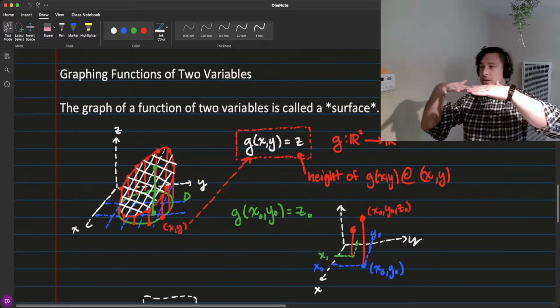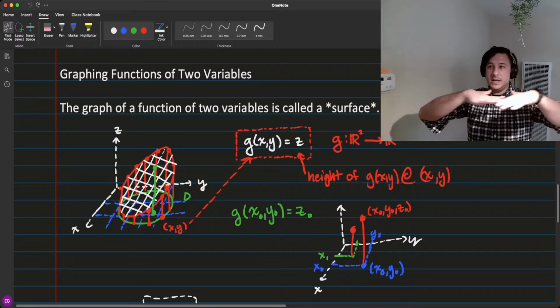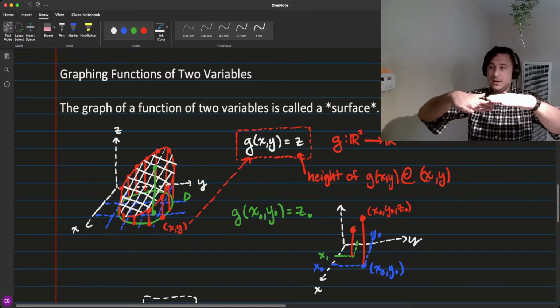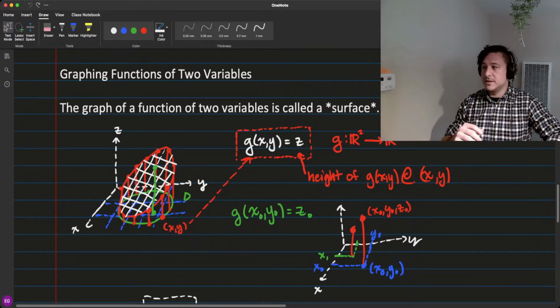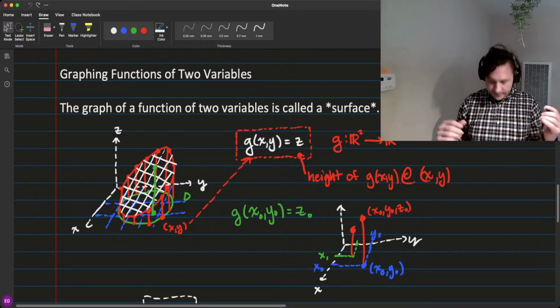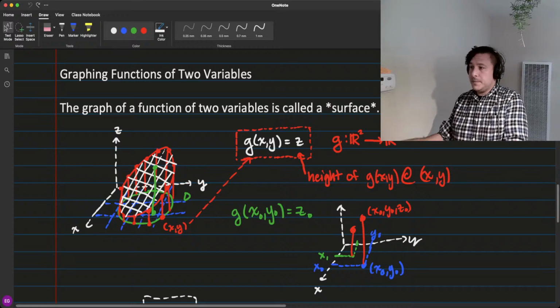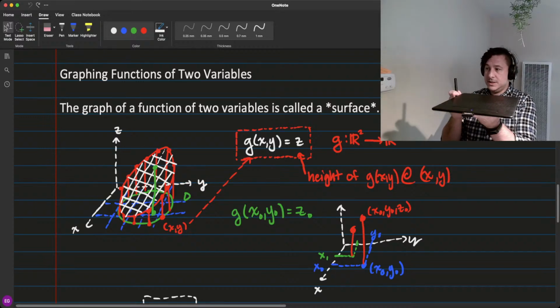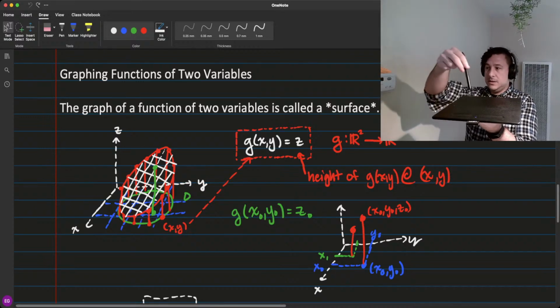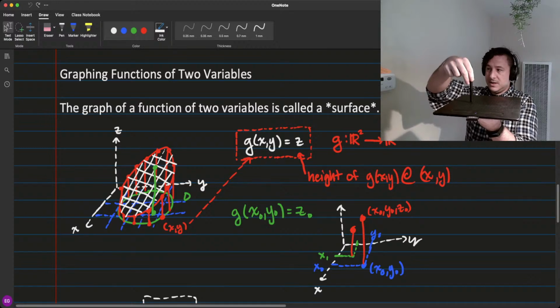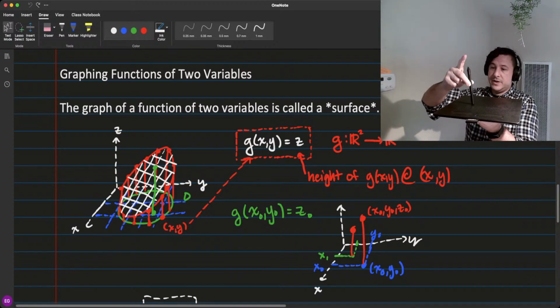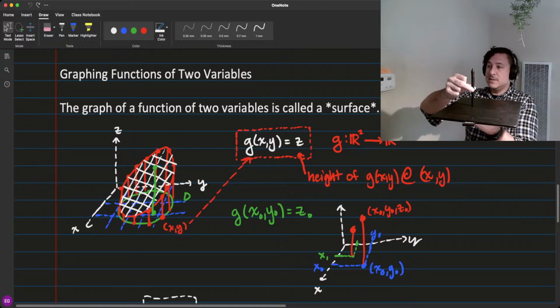So what you do is you take a point on the xy plane. I'm going to use myself as an example. Let's use this book. Oh no, let's use the Wacom tablet. The Wacom tablet is my xy plane. You choose a point in the xy plane, you put it into the function, and then the function determines how high up the point should go.